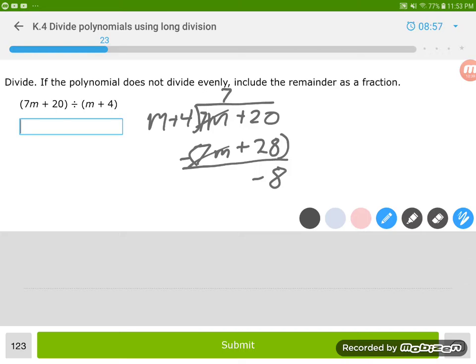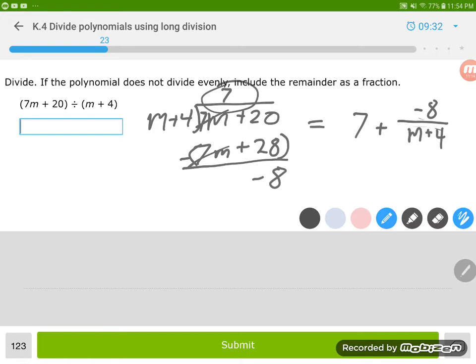So what do we do with this? Well, what we're first going to do is we got our 7 up here, so we're going to write 7 right there. And then we're going to write our remainder, and we have to do it in a kind of special way. We're going to write plus, and then we're going to put the remainder into a fraction with our divisor. Meaning, we're going to have negative 8 on top, that was our remainder, divided by m plus 4.